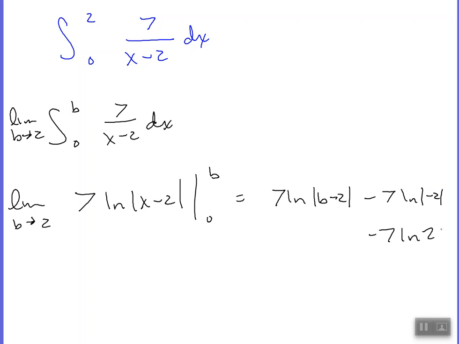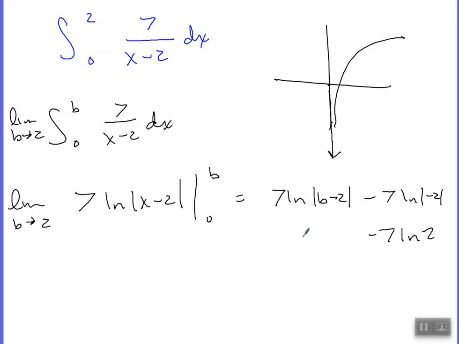Okay, so now we have to think about ln of 0. Now we don't actually know what ln of 0 is. If you think about the graph of ln, as we approach 0, think about the limit. As you approach 0, where is this graph going?